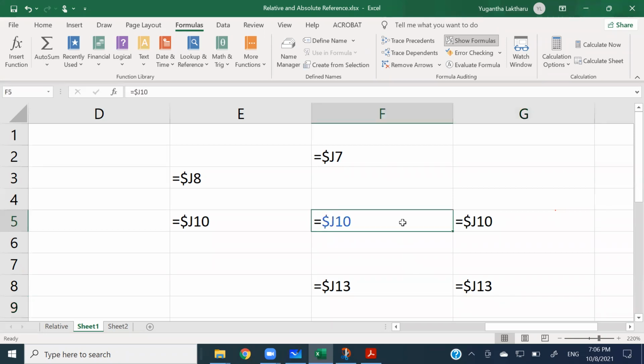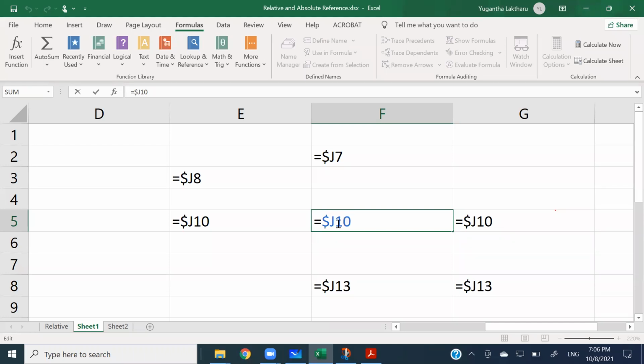Okay, people, now this is regarding the letter. If we don't want the letter to change, we put a dollar sign at its left. So what should we do if we do not need to change the number? We can do the same. We are going to put a dollar sign at the left hand side of the number.